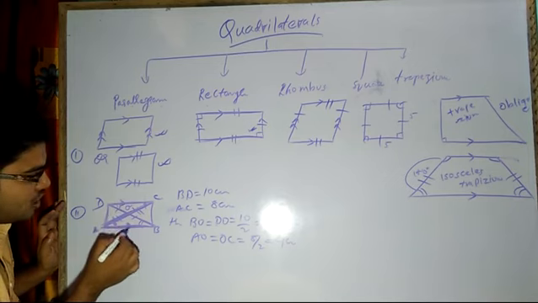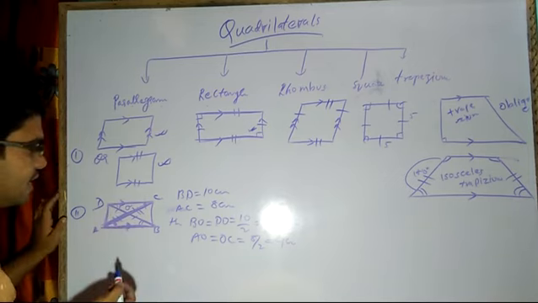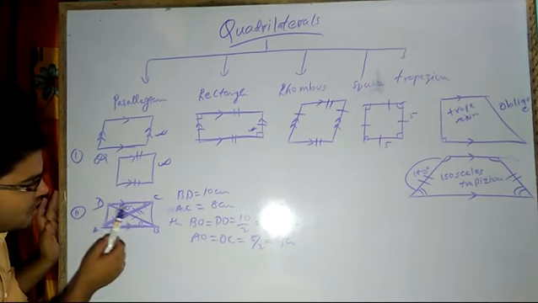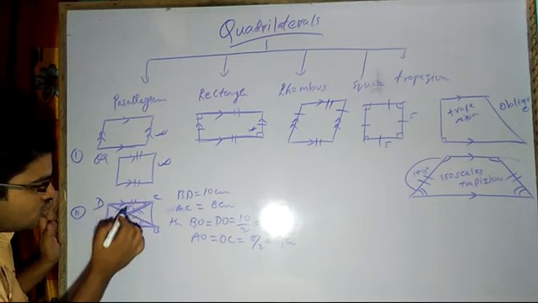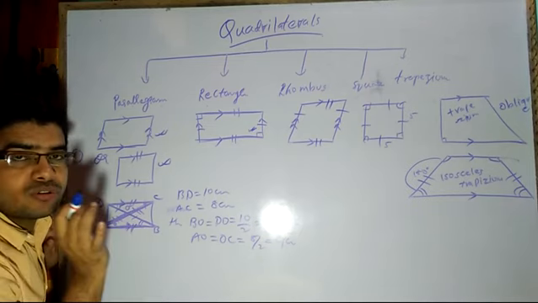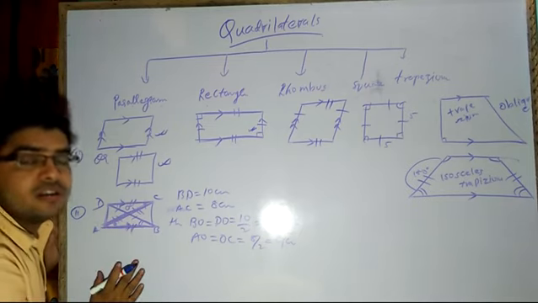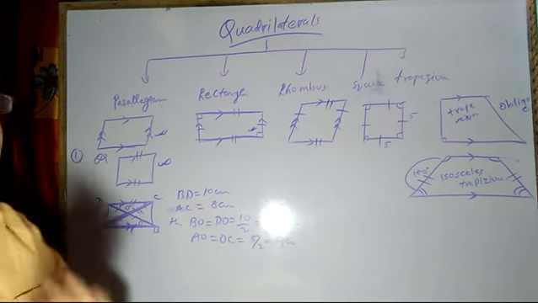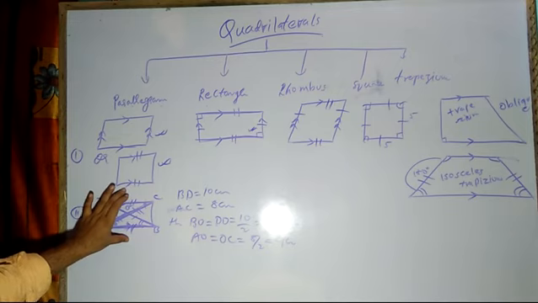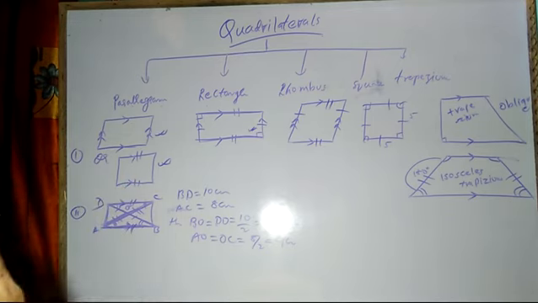Now as you can see, this angle and this angle are equal, opposite sides are also equal, so these two triangles are what? These two triangles are congruent by angle side angle property, and you all have studied congruency of triangles in class 7.